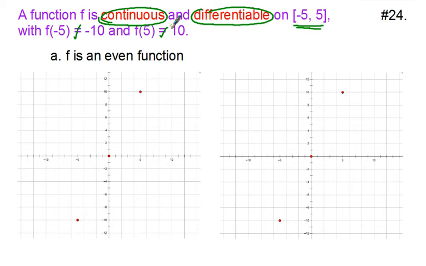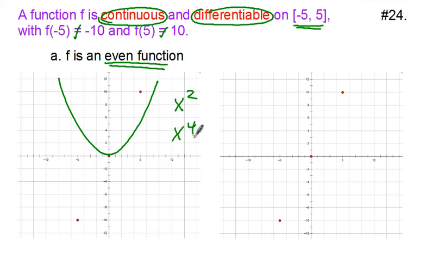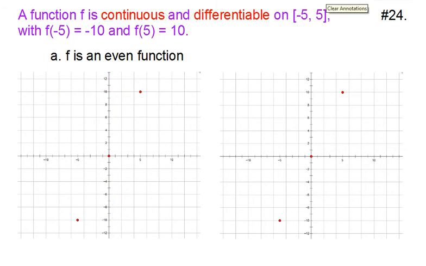Part A asks, does f have to be an even function? Well, even functions, that term comes from the behavior of even powers. Even powers are symmetric with respect to the y-axis, just like 5 squared gives 25, and negative 5 squared also gives 25. So it's symmetrical like that. But this graph is not symmetrical in that way.